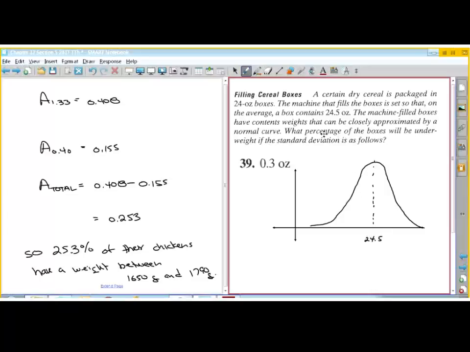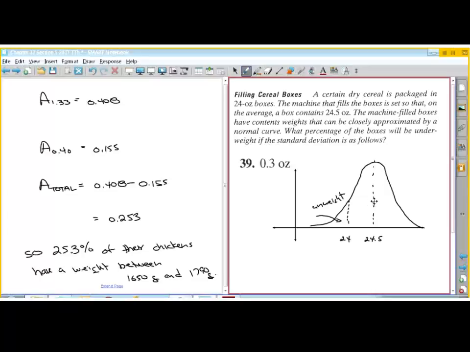So this is 24.5. What percentage of boxes will be underweight if the standard deviation is as follows? So what we do is we put 24 ounces here, which is what's on the box. These are the underweight ones.